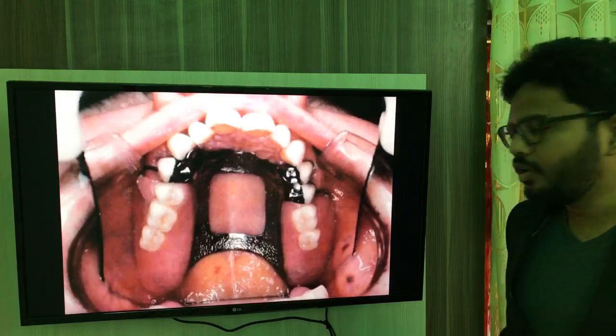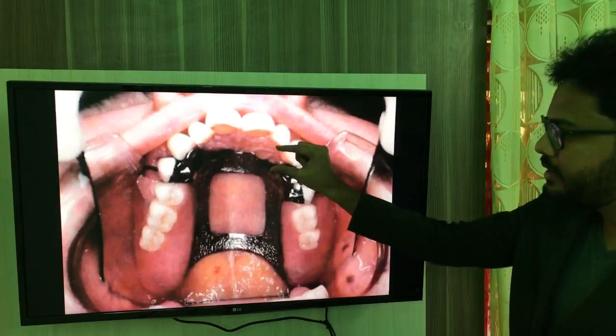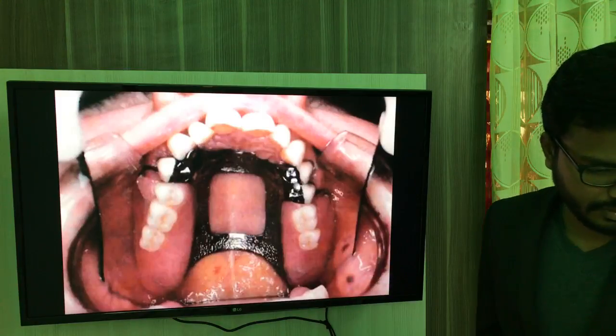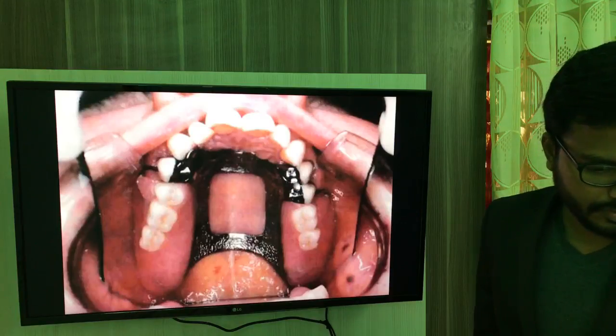Good. So you need not get confused between bar and palatal strap, right? So this is wider in dimension. So this is antero-posterior palatal strap. Good. Antero-posterior palatal strap.